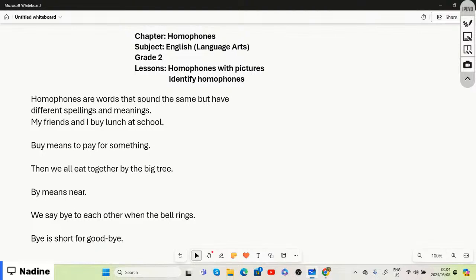And the lessons that we are focusing on under the chapter of homophones are homophones with pictures and identifying homophones.